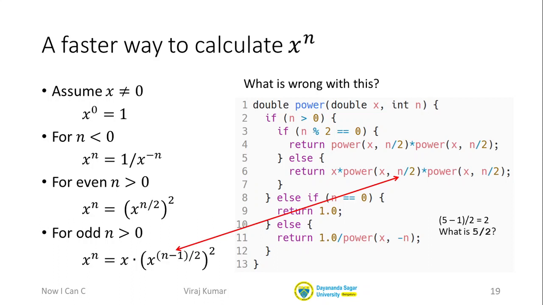Int n divided by int 2. So integer 5 divided by integer 2, and that is integer division. Now remember, integer division truncates. So although 5 divided by 2 is 2.5 mathematically, with integer division this would be truncated to 2. So that's the same answer.